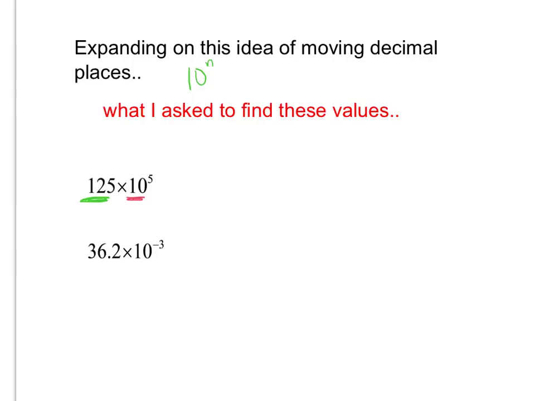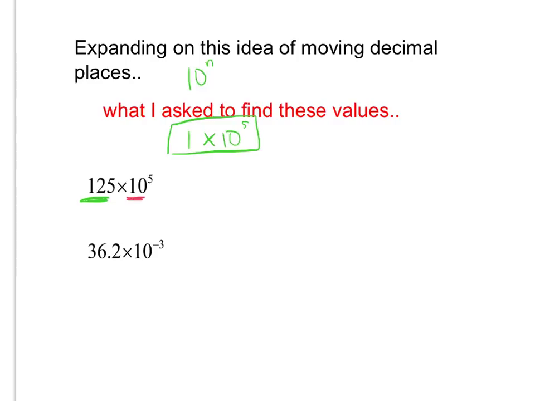That seems a little confusing at first, but we can always multiply something by 1, right? So everything that we've been doing looks like 1 times 10 to the 5th, and everything kind of revolves around 1. So what if I take that 1 and multiply it by 125?